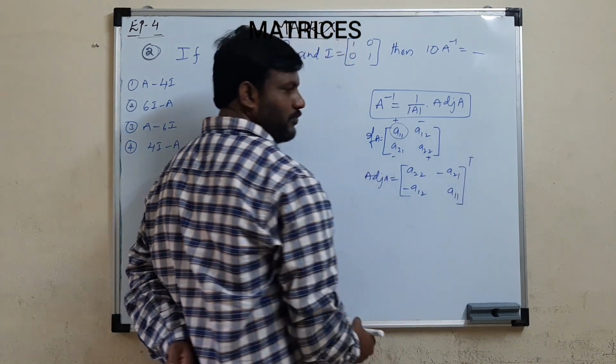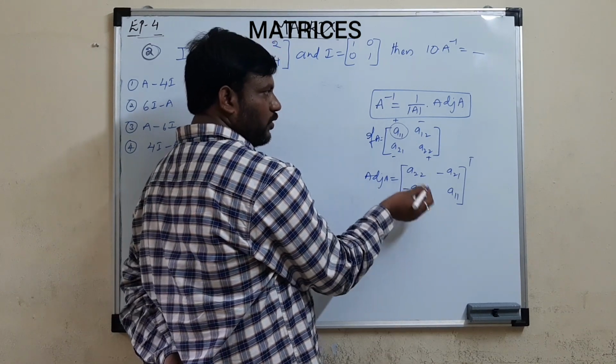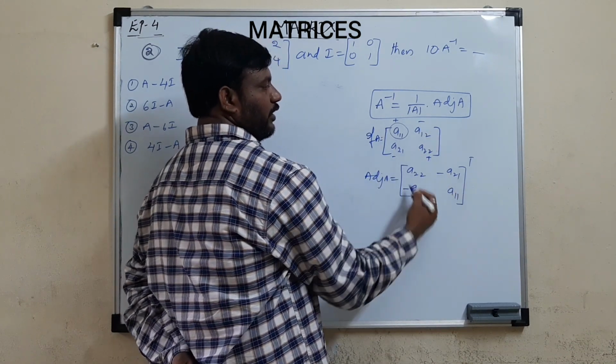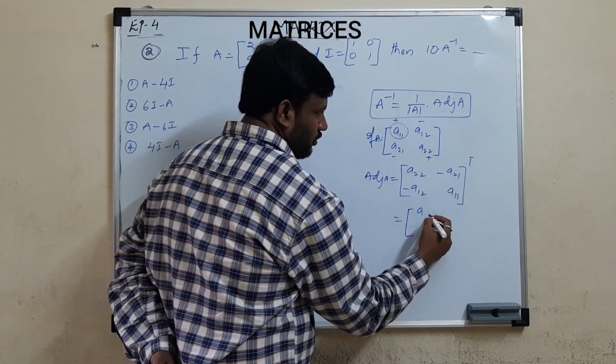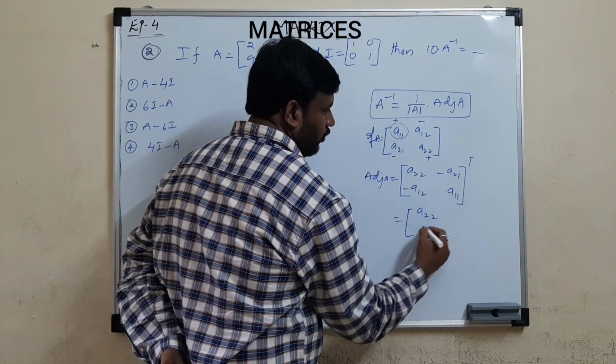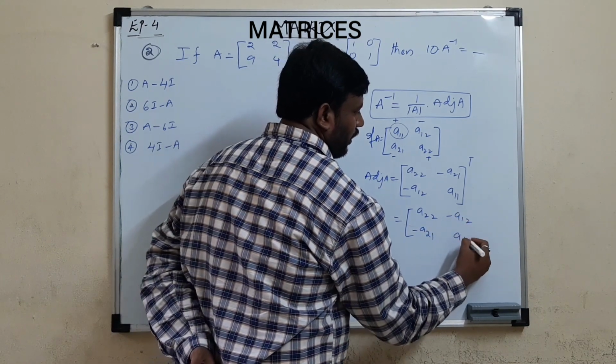And we have to do the transpose for this. That is the concept of how to find adjoint A: for the 2 by 2 matrix, replace each element with its cofactor and take the transpose. Now you get A22, minus A21, minus A12, A11.